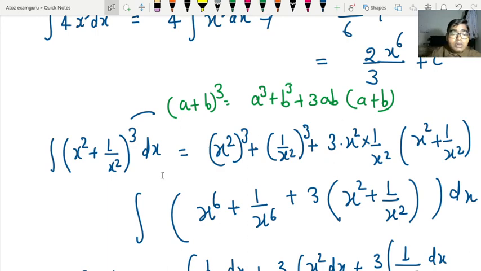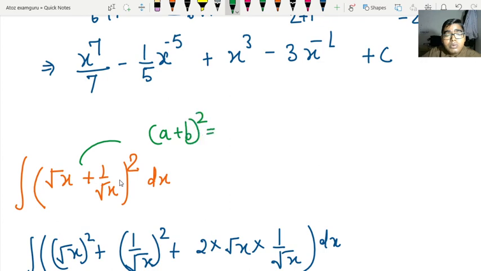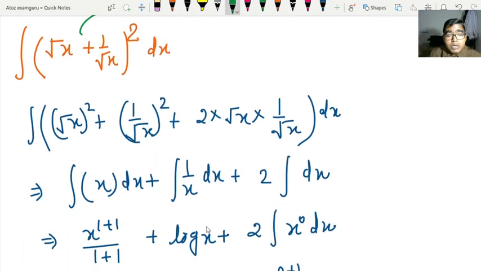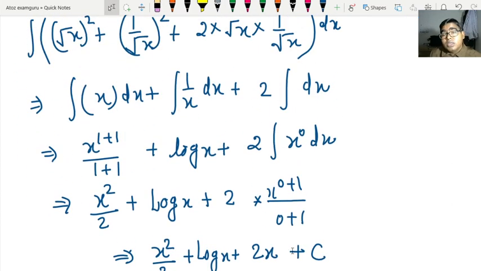Right friends, and in this question, the last one, what you do? You have to apply the identity a plus b whole square, so it is a square plus b square plus twice of ab. So friends, I hope that this will be clear to you, and you have understood all the concepts which were explained in this class.